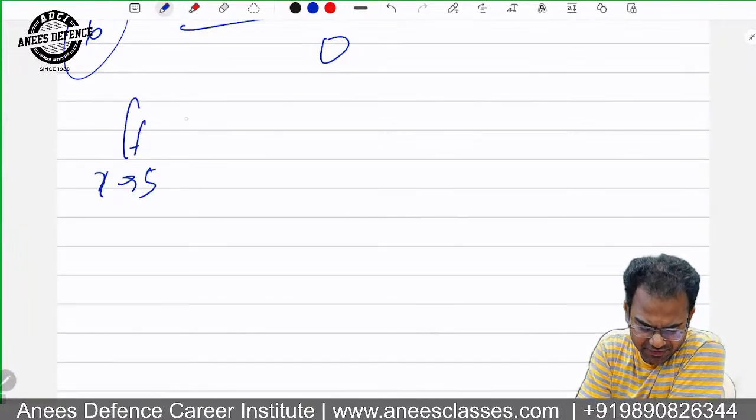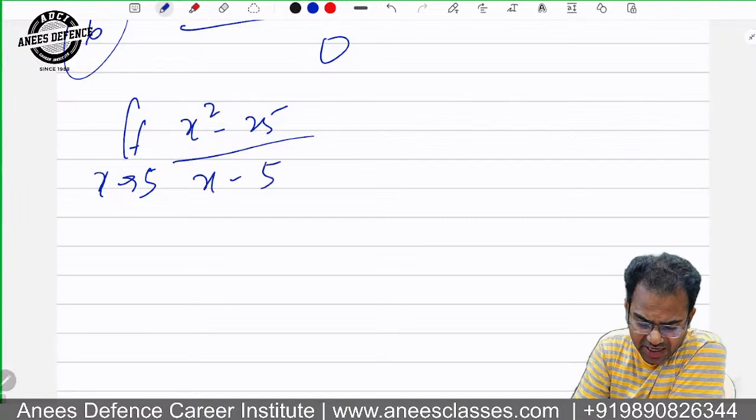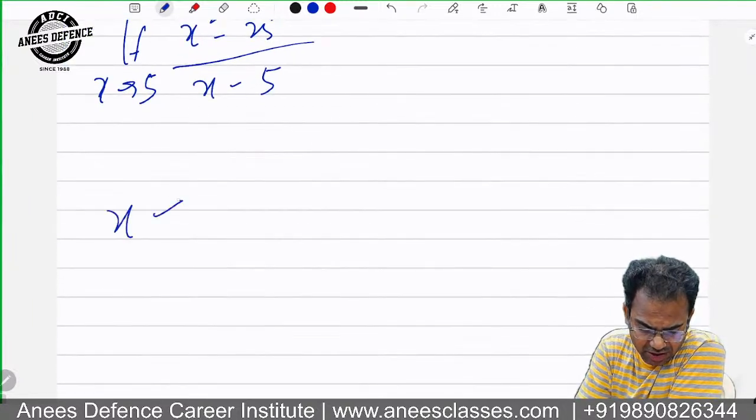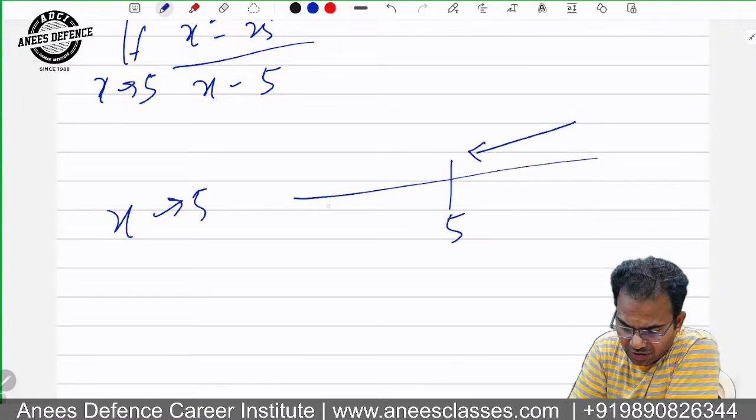Limit x tends to 5 of (x square minus 25) upon (x minus 5). x tends to 5 means I can reach 5 from the right side, and I can also reach 5 from the left side.